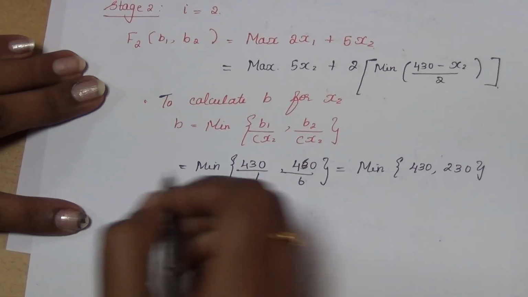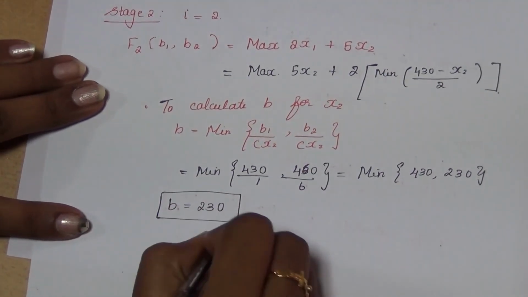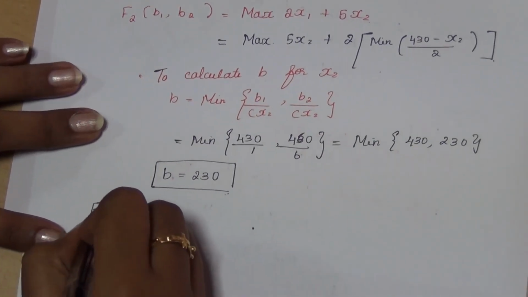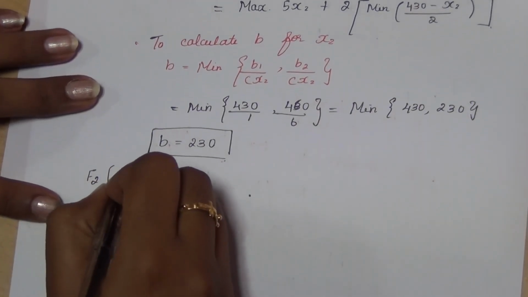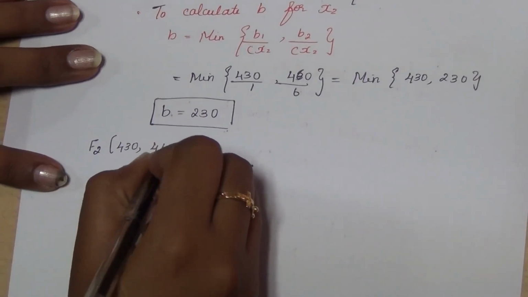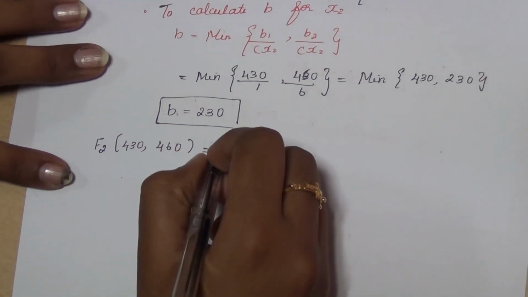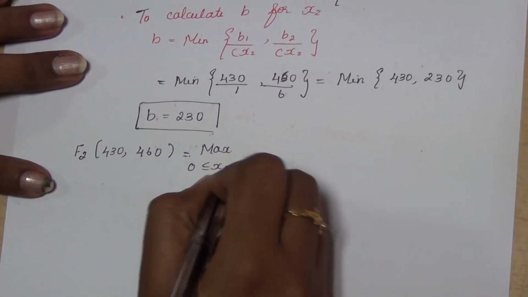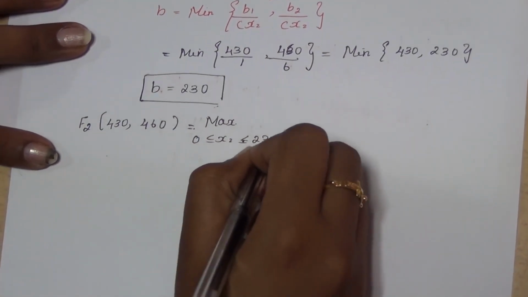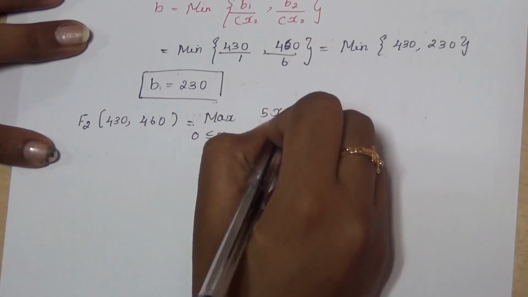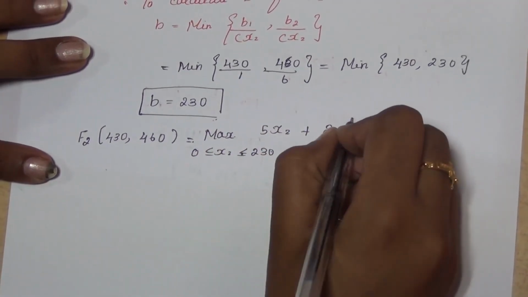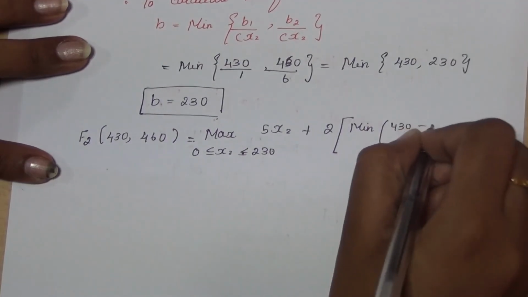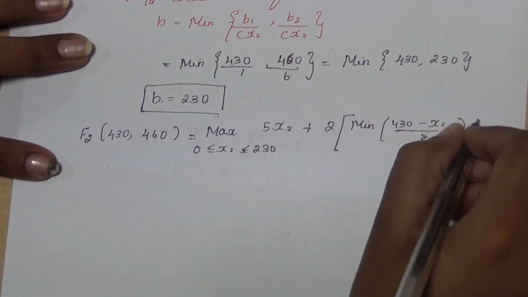Sorry, this will be 460. Now let's substitute in the function what we have found. f2 of b1 value 430, comma, 460 is equal to the maximum, with the limit varying 0 less than or equal to x2 less than or equal to 230, of 5x2 plus 2 into the minimum of 430 minus x2 by 2.